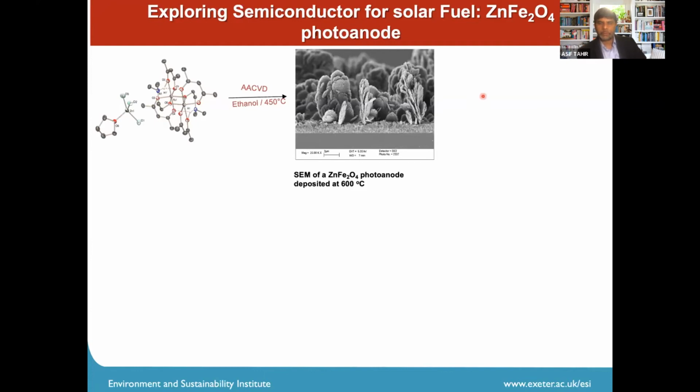One example is zinc ferrite. We have made the zinc ferrite using a simple single molecular precursor and aerosol assisted chemical vapor deposition.